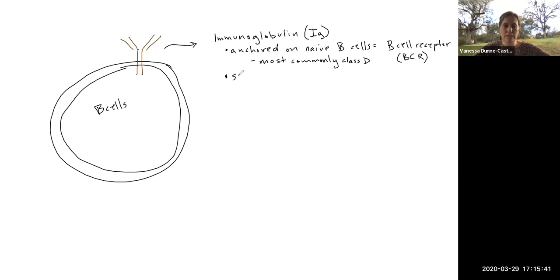When this is secreted from an effector, these guys are called plasma cells when they're secreting antibody. Then these particular molecules are called antibodies, or Ab.